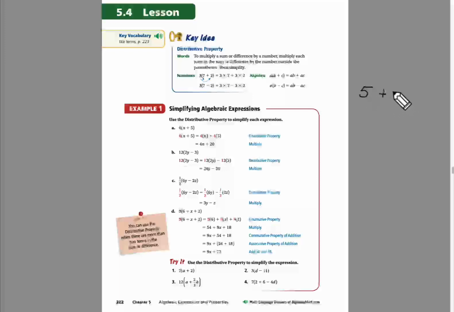Now I need someone to help me simplify this expression. Anyone? Can I answer?